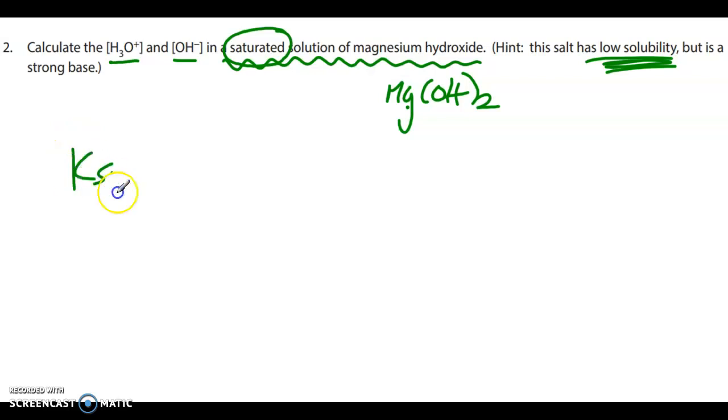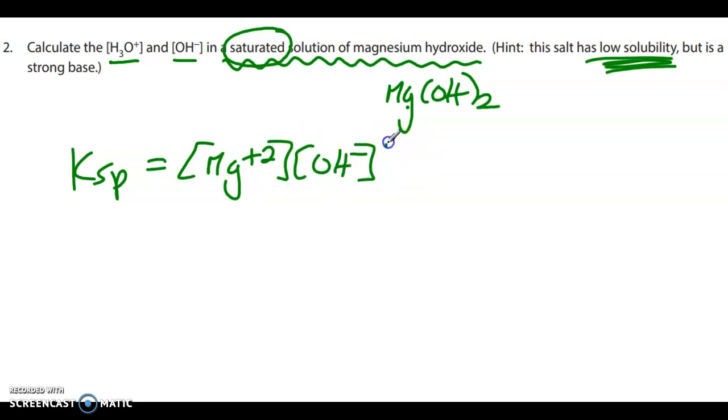Okay, so our Ksp is, and there's a train going by, which is amazing. You can hear that. But when this dissociates, we have 1 magnesium for every 2 hydroxides.